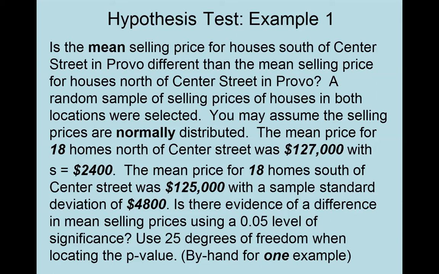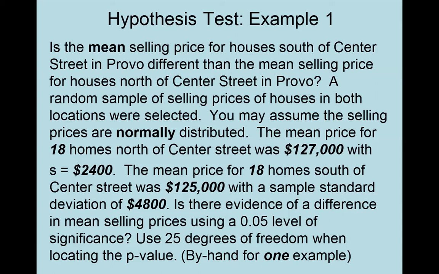A random sample of selling prices of houses in both locations were selected, and you may assume the selling prices are normally distributed. So when we do the validity check, we'll know the population's selling prices were already normal, so I can take smaller sample sizes.